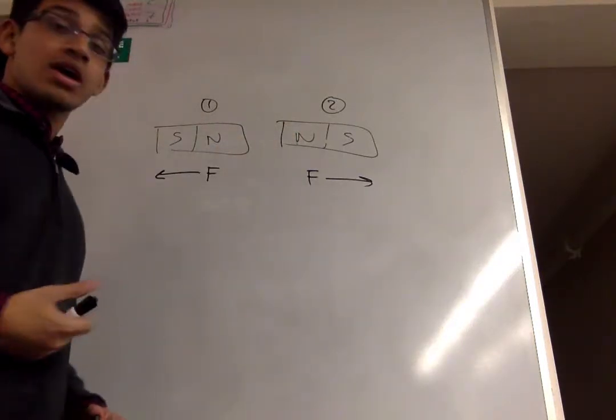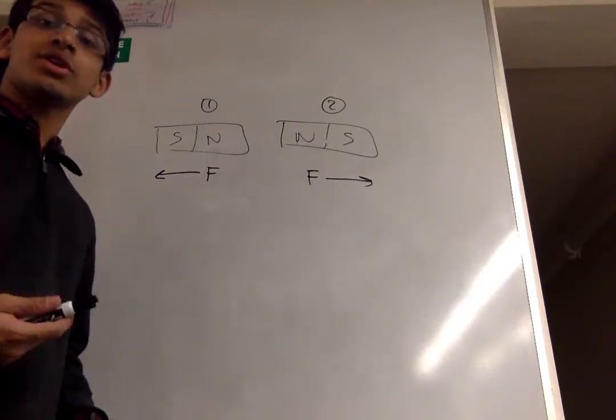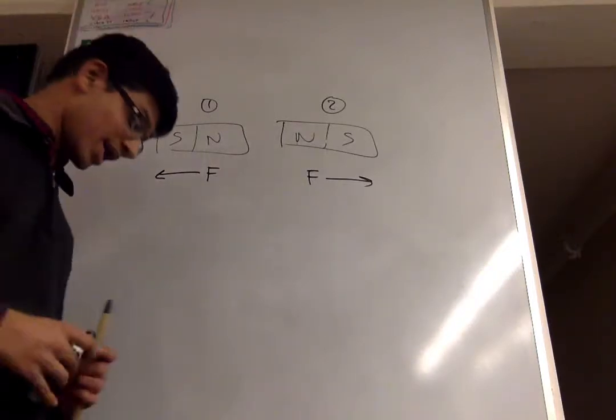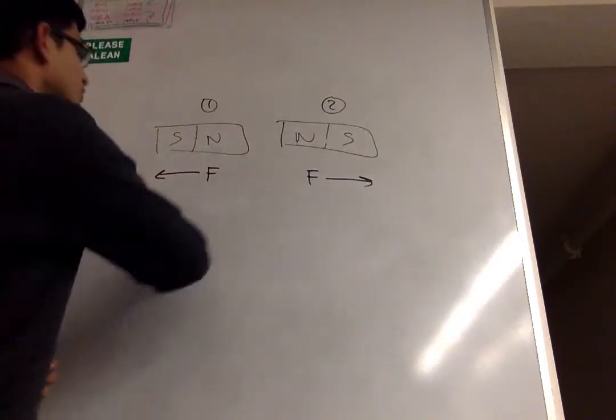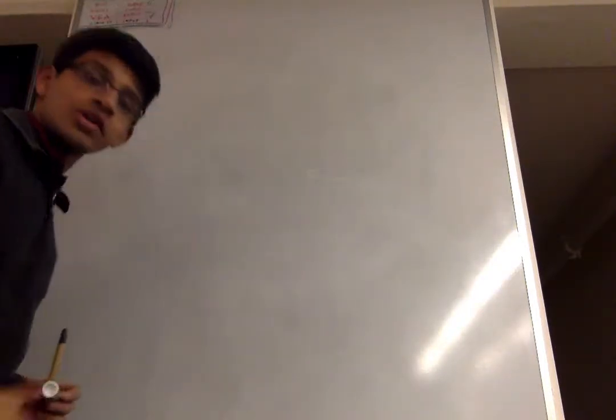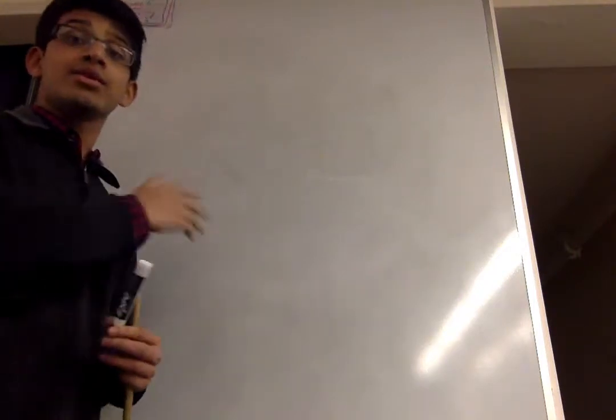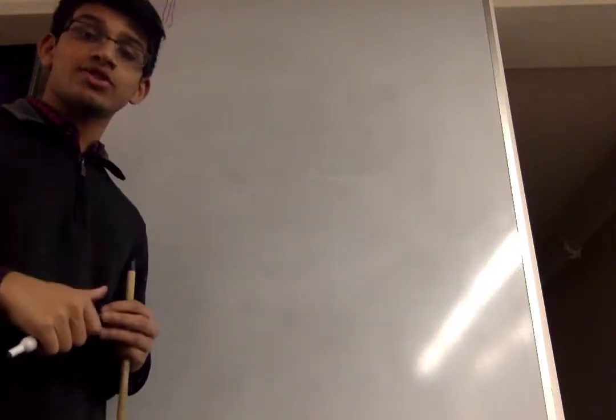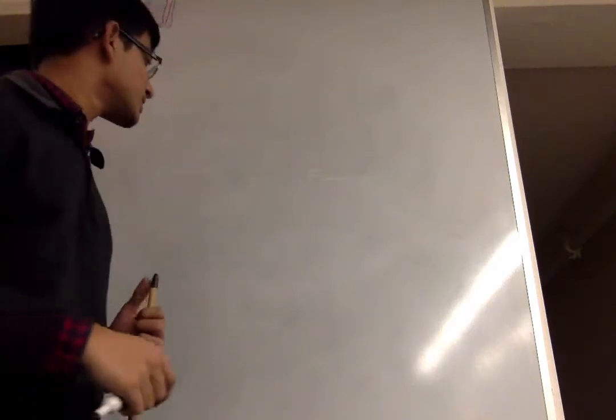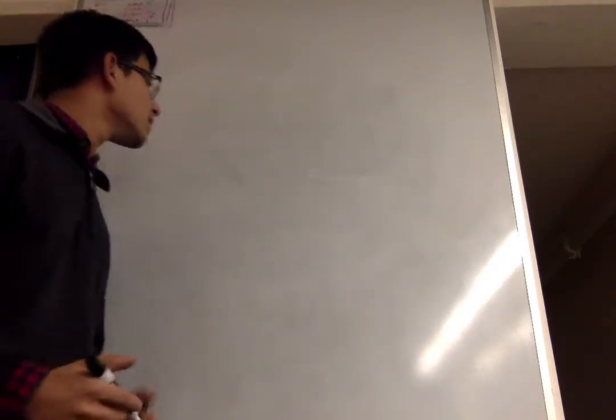And when you have opposite poles facing each other, you're going to have an attractive force exerted on these magnets. You'll notice that this is much like positive and negative charges when dealing with electrostatics, except now we're talking about poles.